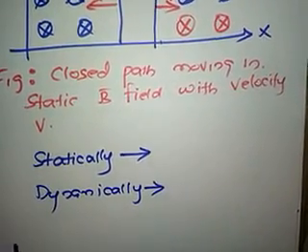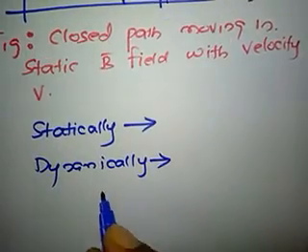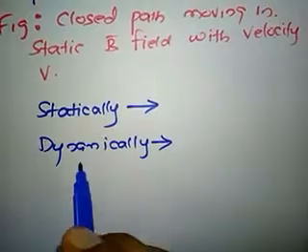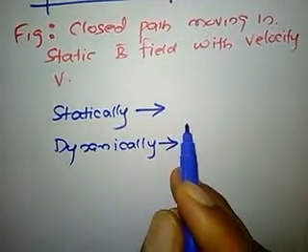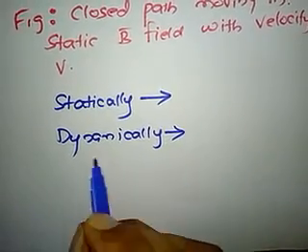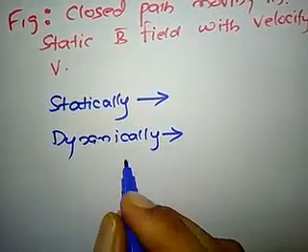Here the induced EMF is called the generator EMF because the conductor is moving and the field is constant, so the EMF will be induced. It is similar to generator action, and thus the EMF induced is called the generator EMF.